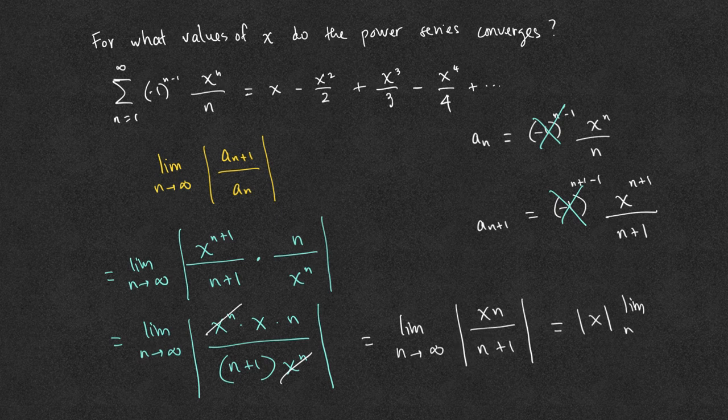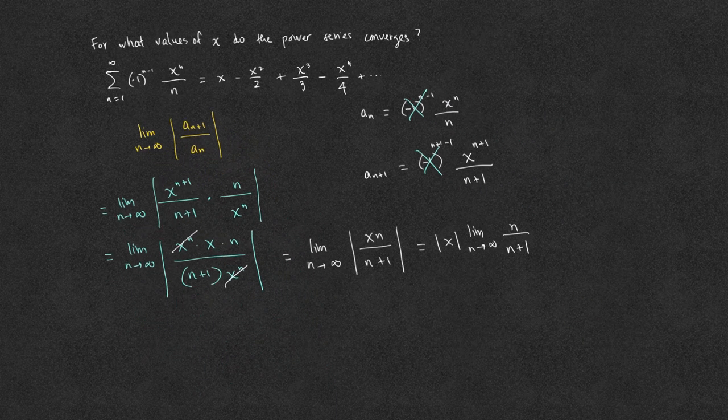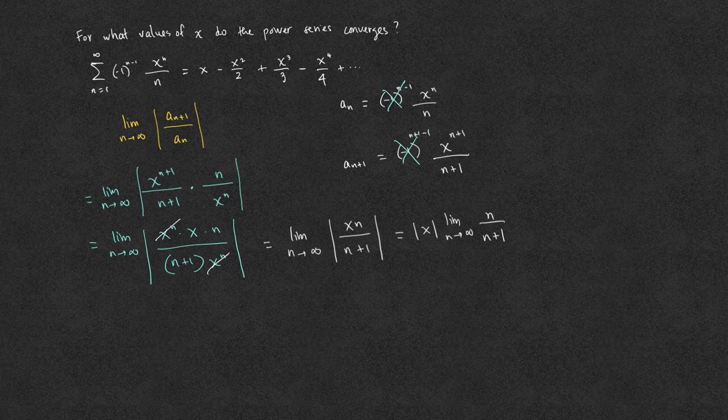Inside the limit is now n over n plus 1. And we know that as n goes from 1 to infinity, there is no need to put the absolute value around n. But we do need to put the absolute value around x. As n goes to infinity, n over n plus 1 goes to 1. So this limit is the absolute value of x.